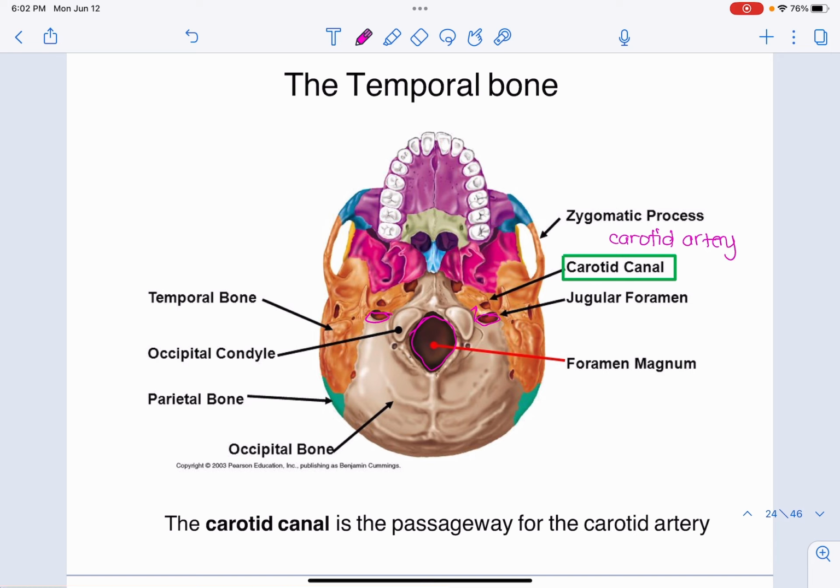So you can see them here and here. You need to have reference points, because if you're just looking at the skull in the inferior view, you're going to see a lot of holes. Sometimes the best thing to do is to find the foramen magnum, find the occipital condyles, and work from there.